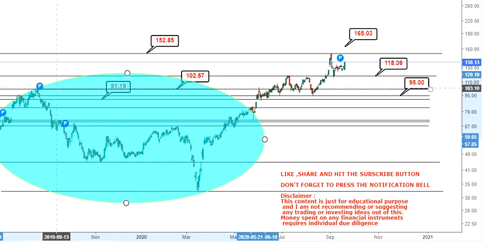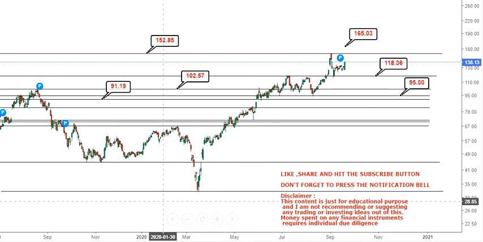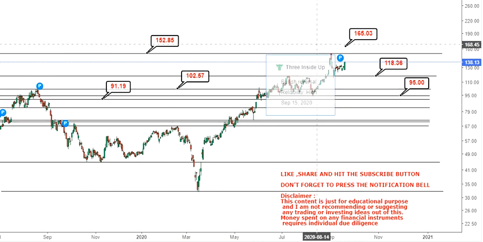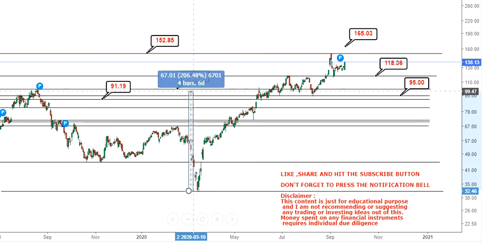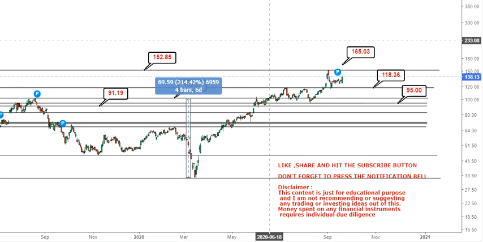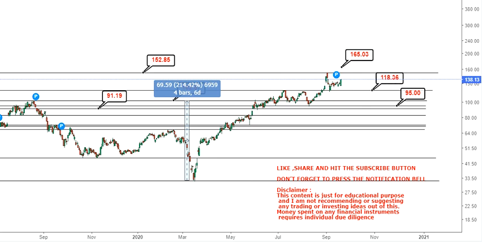So in that sense we can consider this highlighted area as a single section, and after the breakout we can consider it as the next section. So what we can do here is simply calculate the length of this trend, which indicates 240 odd percent.